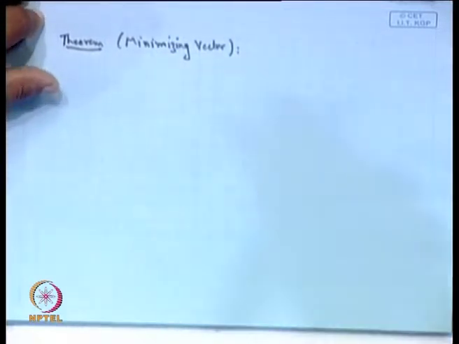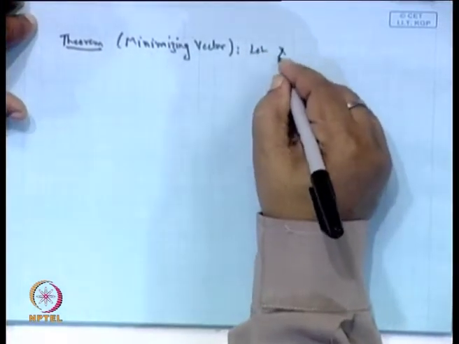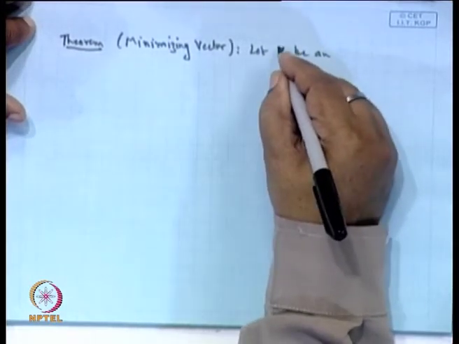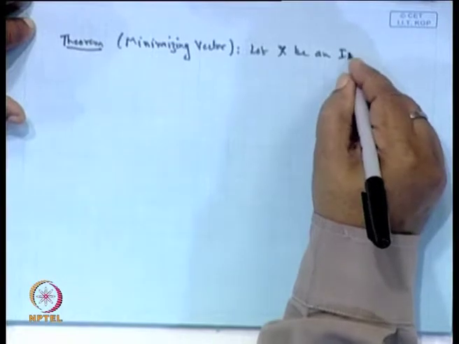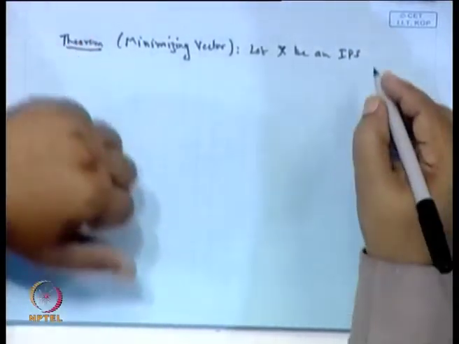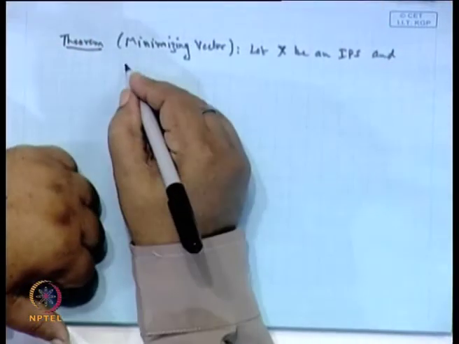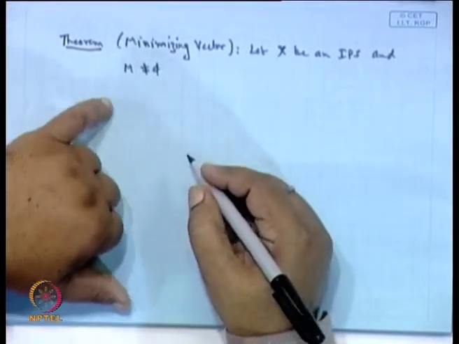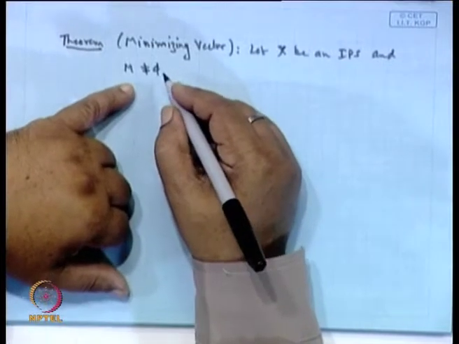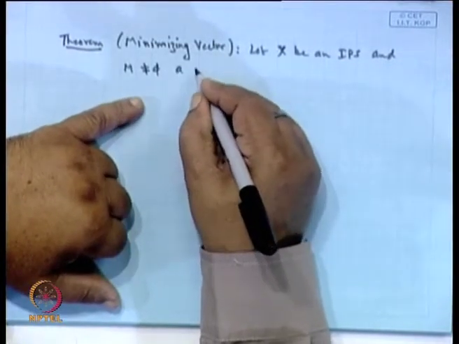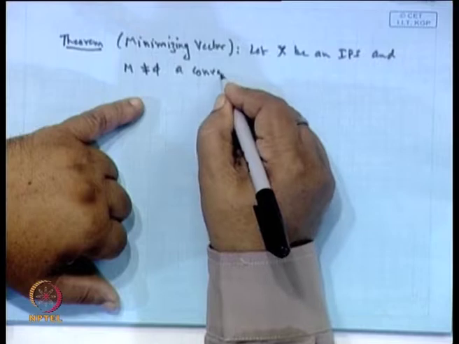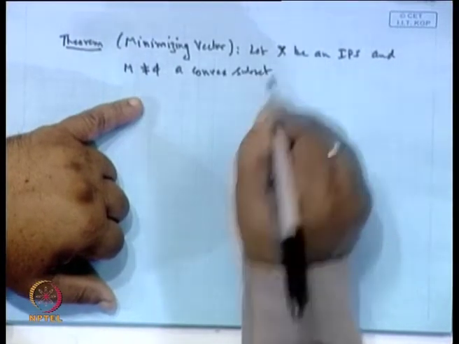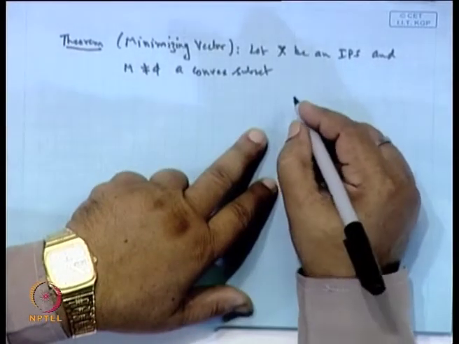Let X be an inner product space, and let M be a non-empty convex subset which is complete.